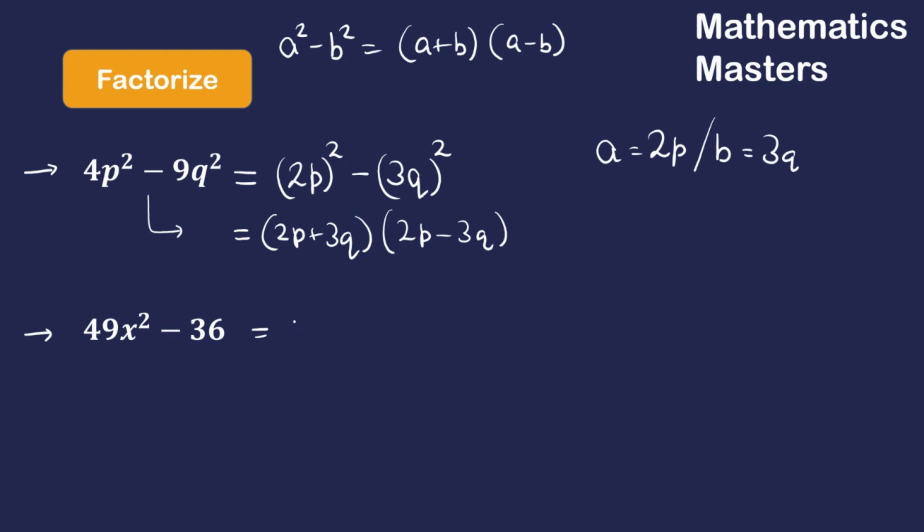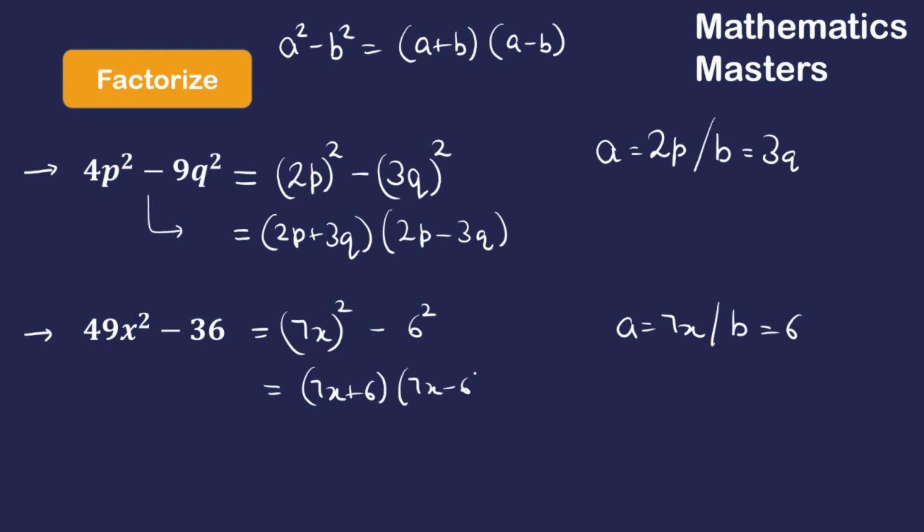Well, yes, we have 49x square, which I can write as 7x the whole square, minus 36, which I can write as square of 6. Now we have our a as 7x and my b is 6. So using the above identity, we would have a plus b, which is 7x plus 6, multiplied by 7x minus 6. So that's how we can use the identity to factorize the expression.